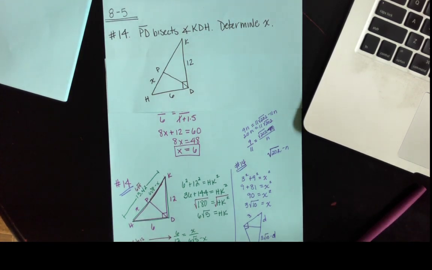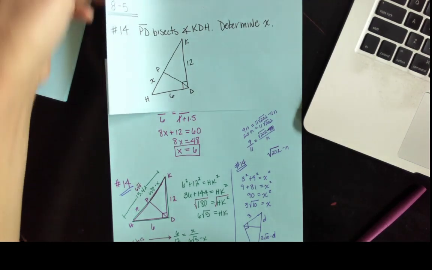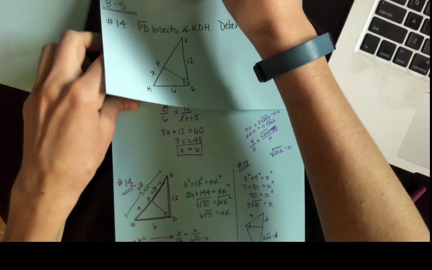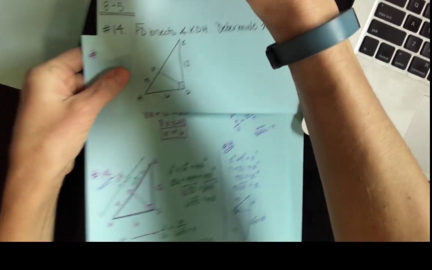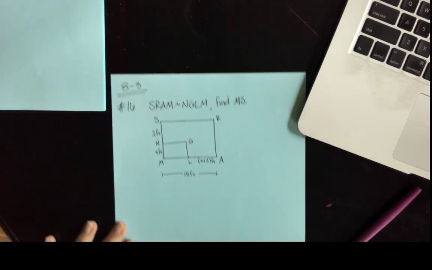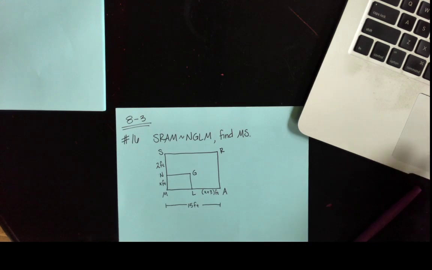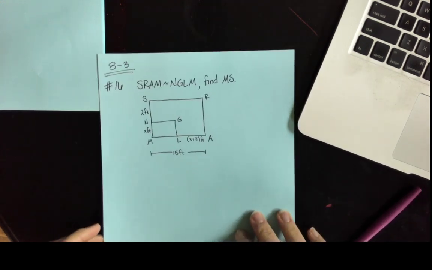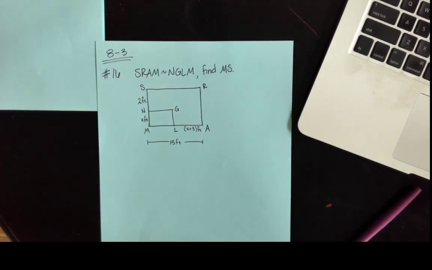Any questions so far? I thought that was a very important thing to talk about because of the fractions and the radicals. There was one other question that was asked, and it looked like this, and it was number 16 from 8-3.